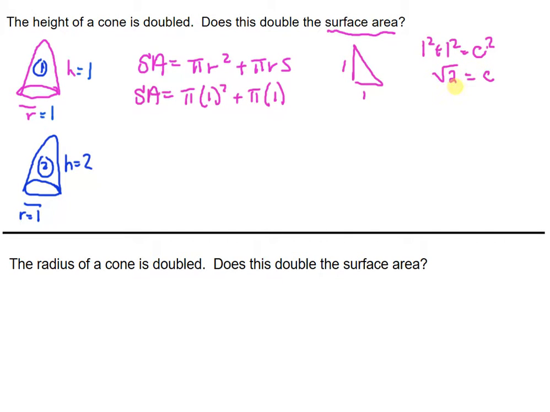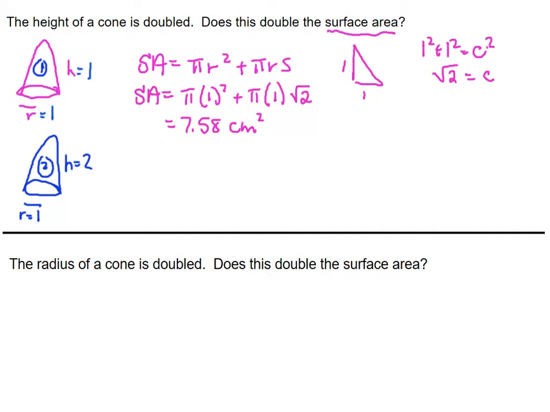Okay, 1 plus 1 is 2, and then you root it. So then this is root 2. And if we put this into our calculator, it's 3.14 times 1 plus 3.14 times root 2. We get 7.58. Okay, and then that's going to be centimeters squared because it's surface area.